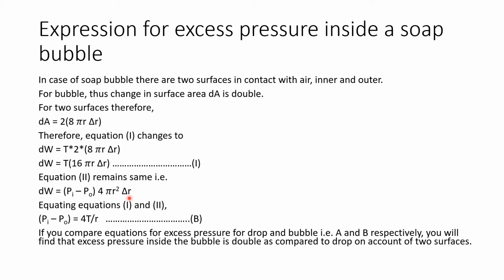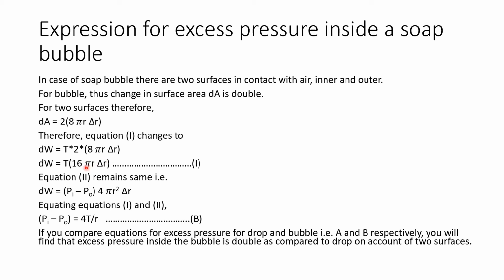Here I am telling you that we are not repeating the derivation, because it is exactly the same except for this term 2, because there are two surfaces, the inner surface and outer surface. We will derive in the similar way, only difference will be there in the change in the surface area, it will be twice.